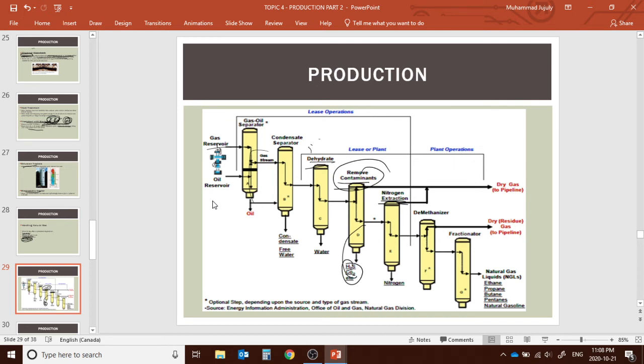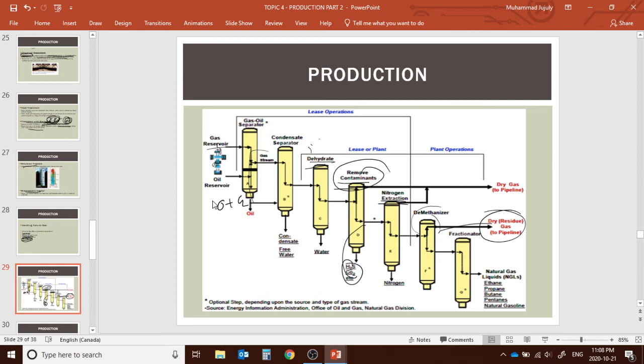Then you got the demethanizer. With the demethanizer, you get the dry residue gas through the pipeline, and then you got the fractionator. Here is the mixture of oil and gas. Here you separate the condensate.